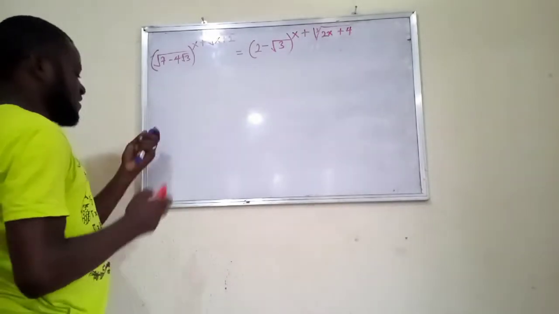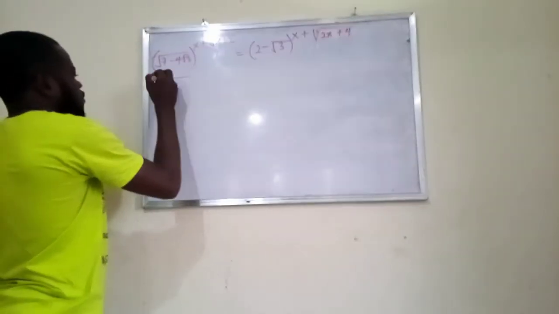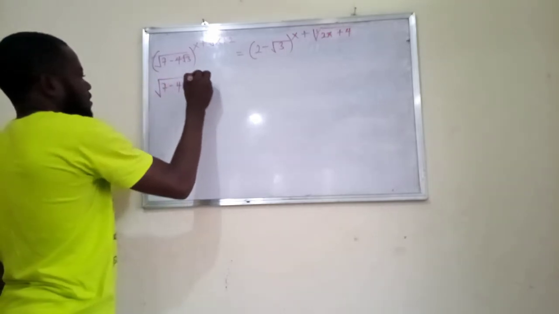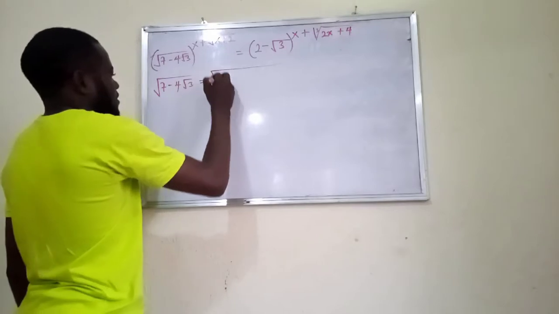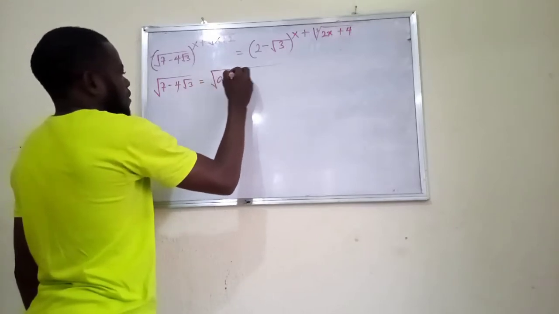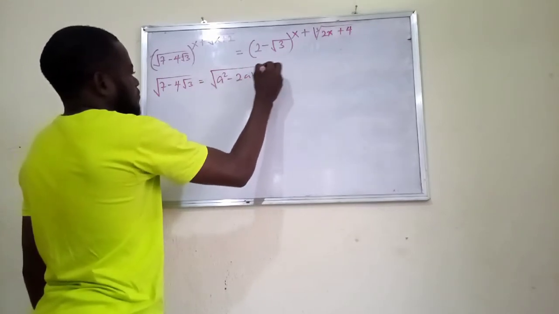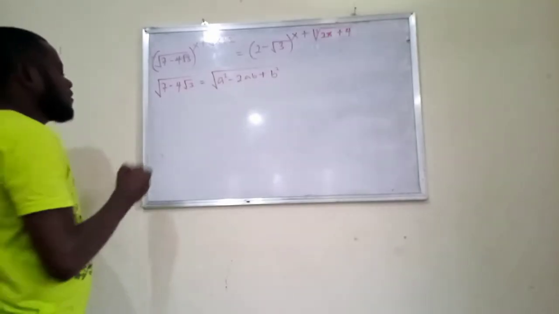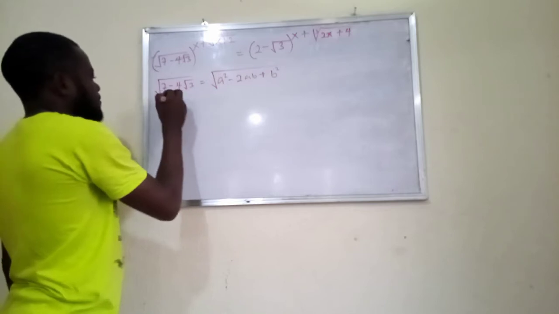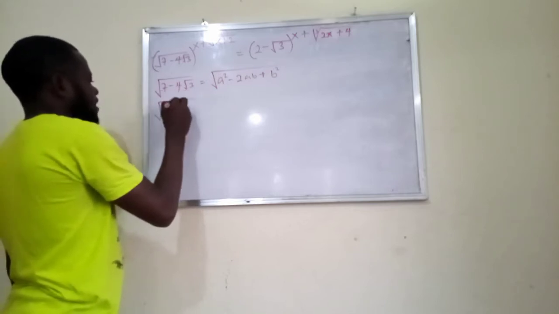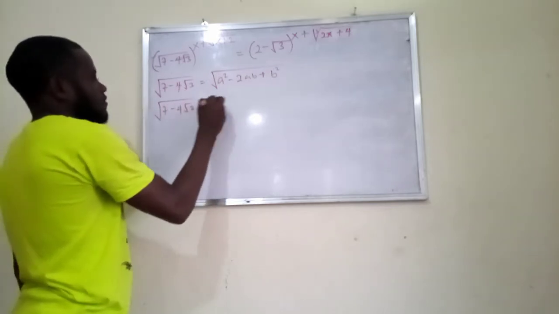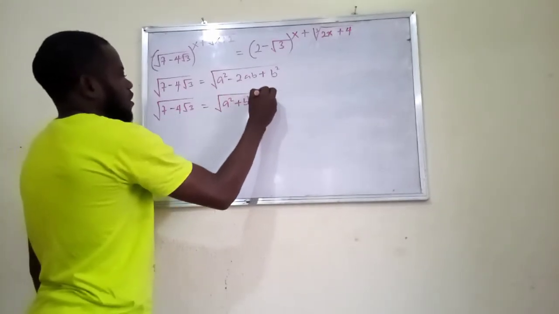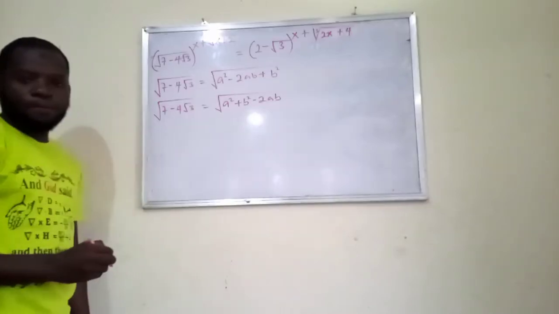Okay, now let's see. We want to find the square root of 7 minus 4 root 3. This will be the same thing as the square root of a square minus 2ab plus b square. So the square root of 7 minus 4 root 3 equals the square root of a square plus b square minus 2ab.